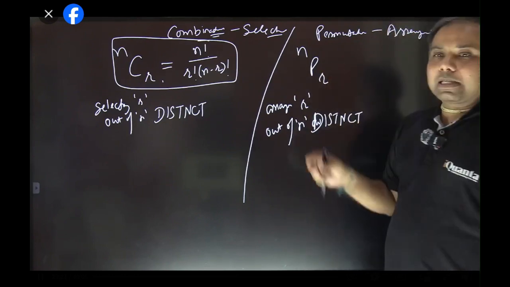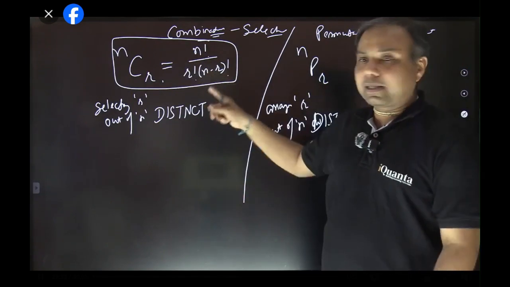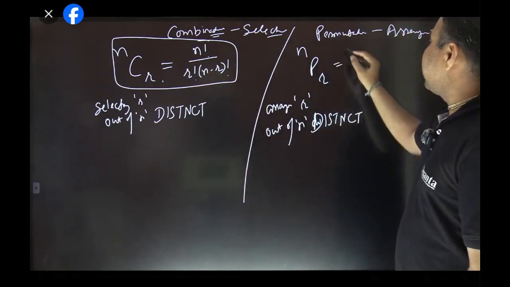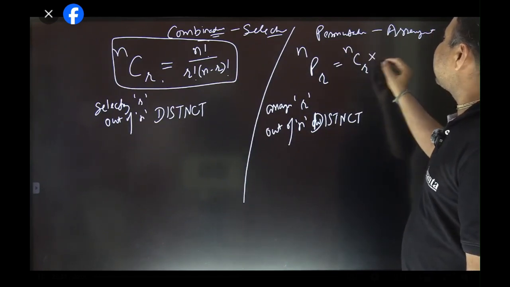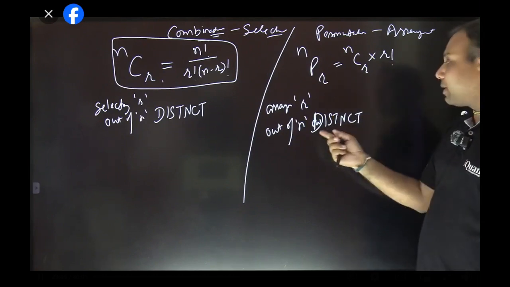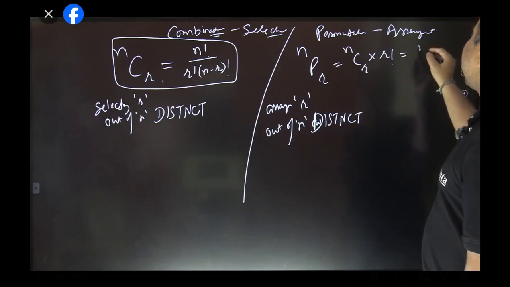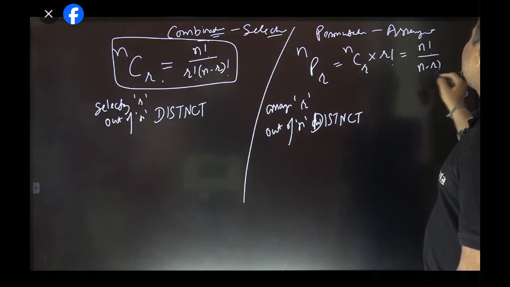So basically this task, we can separate it in 2 tasks. It is selecting R things and then arranging them. And arranging R things at R places can be done in R factorial ways, provided the things are distinct. So using this part only, we get the result for NPR as N factorial upon N minus R factorial.